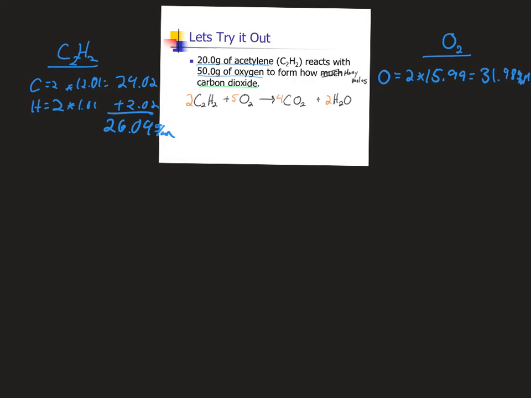And so here, I'm going to convert 20 grams of acetylene, and this is why labels are so important, to make sure we know which one we're converting and which one we're not, into moles of acetylene. And using, again, the molar mass that I calculated just now.